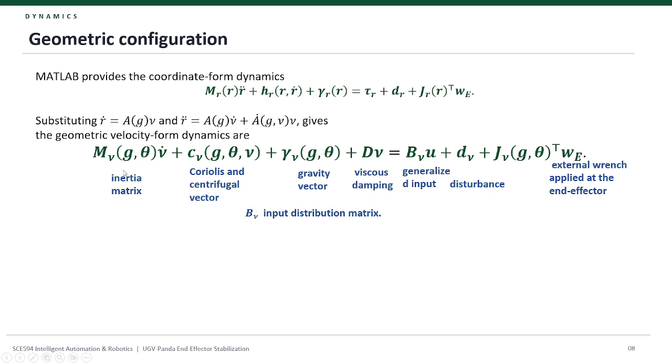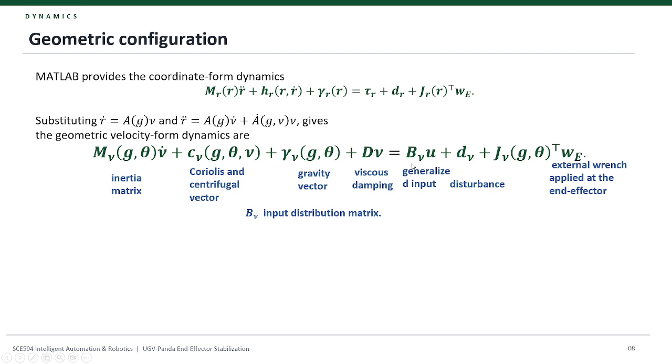Simply, this is the inertia matrix M, and this is the acceleration in the body, this is the Coriolis and centrifugal vector, this is the gravity vector, and this is the viscous damping. And here we have the generalized input, which is in R10. Here we treat B as identity, but you can see B acts like on-off switches.